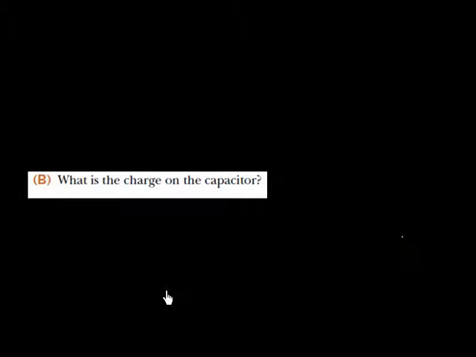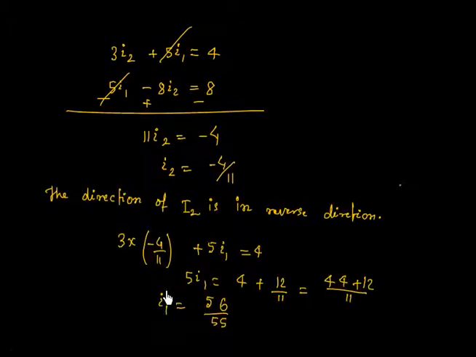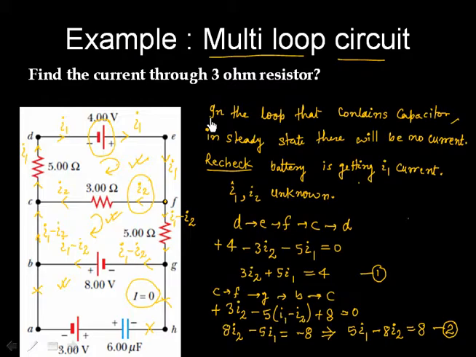We also have to solve for the charge on the capacitor. Now to solve for the charge on the capacitor, we have to find the potential difference between B and Z. Whatever the potential difference we have between B and Z, we will have the same potential between A and H, and we have a battery between A and H. So we can go from this point to reach this point.